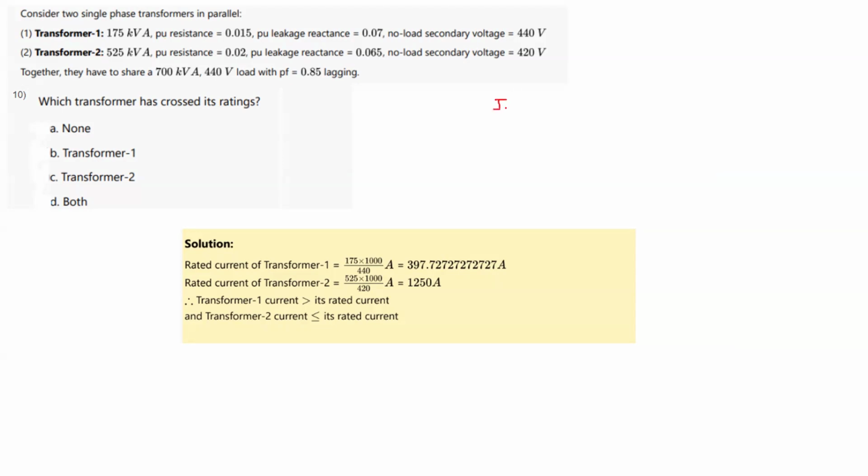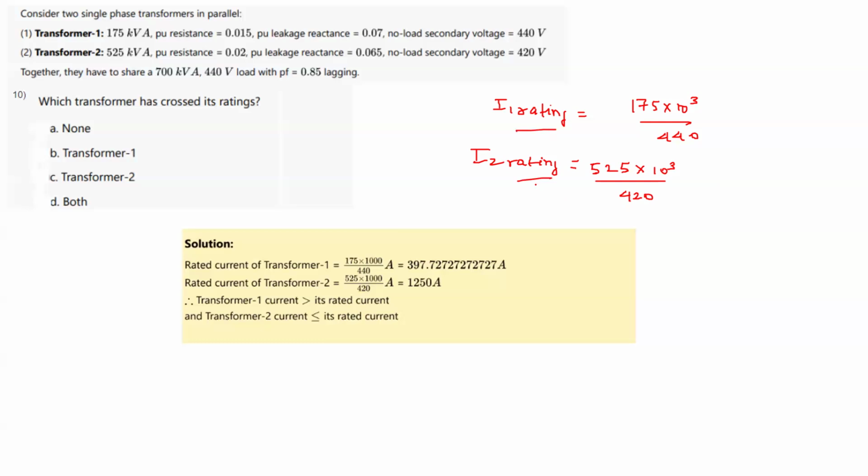So this I1 rating is 175 kVA by 440, and I2 rating is 525 kVA by 420. So in this way you can calculate I1 rating, I2 rating.